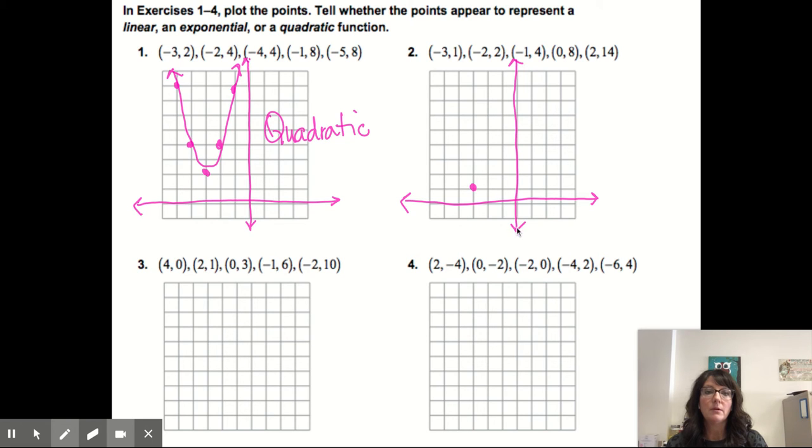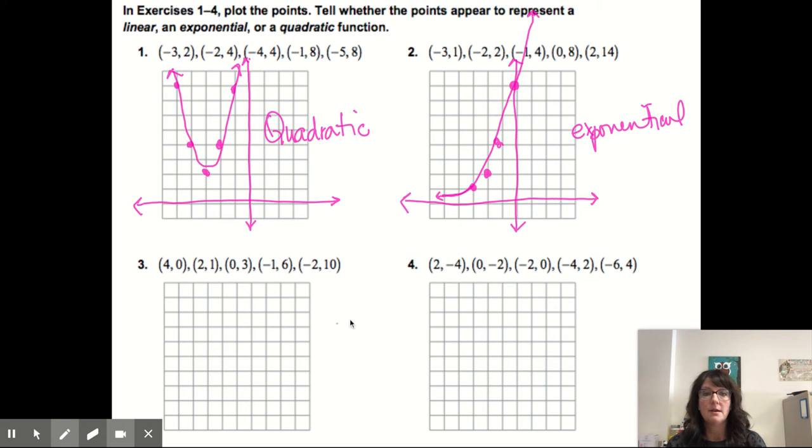So there we go. -2 and 2, -1 and 4, 0 and 8, 1, 2, 3, 4, 5, 6, 7, 8, 2 and 14, way up, out of the ballpark. So we draw this curve. It goes extremely large very fast, right? And it's approaching 0 here, and we call this exponential.